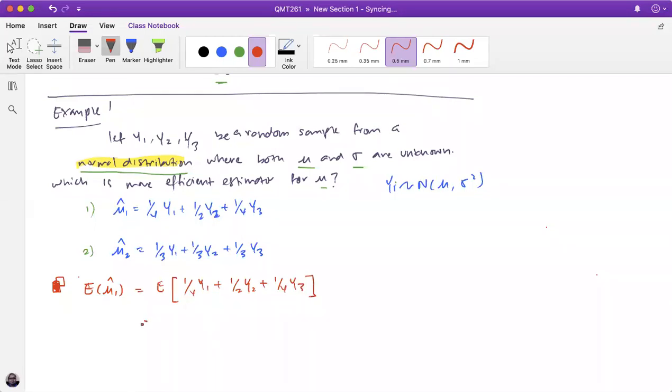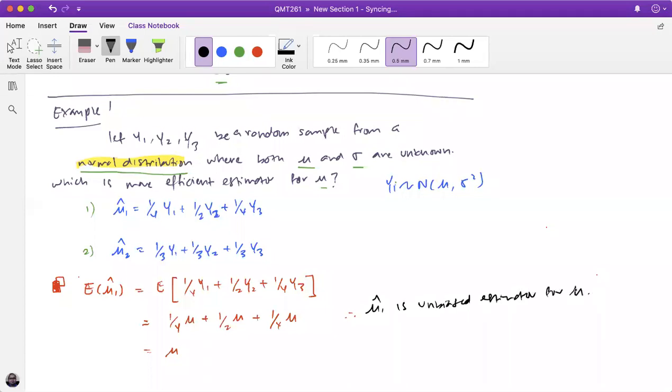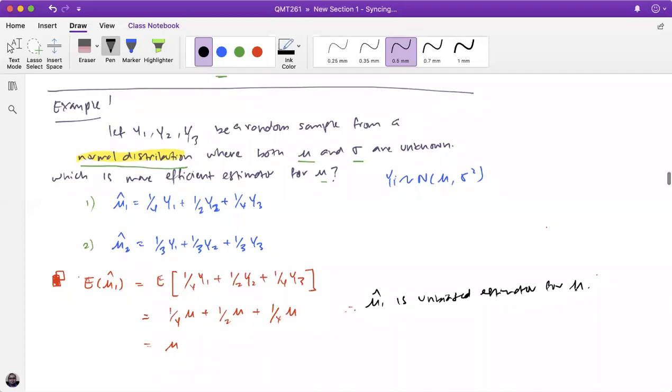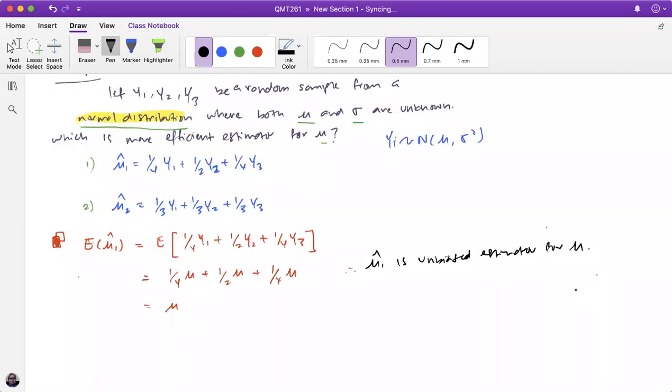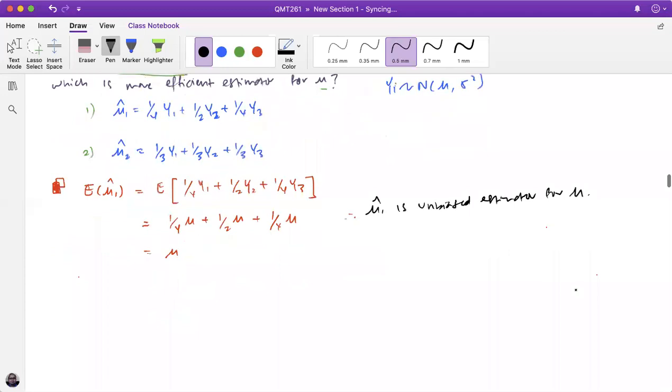So this one should be 1/4 mu plus 1/2 mu plus 1/4 mu, which is equal to mu. So we can say that mu1 hat is an unbiased estimator for mu, right? So this is the rule. Before you check the efficiency, you need to make sure each estimator is unbiased. If one of the estimators is biased, then we're going to consider unbiased estimators only, right?